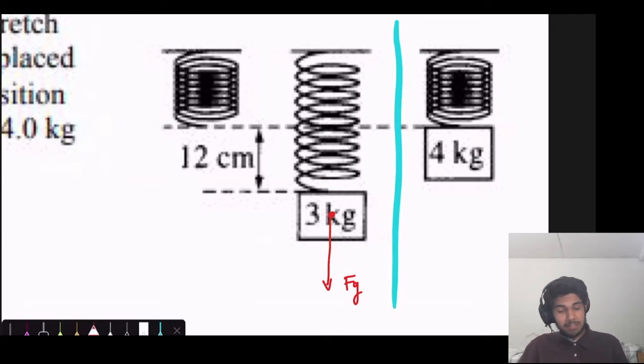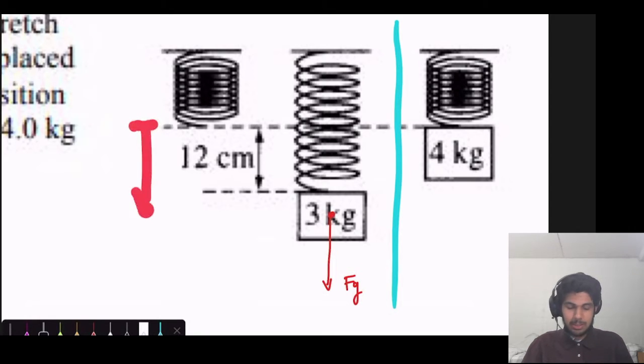But now we have this spring, so there is an associated spring force, and we should remember that the spring force points in the opposite direction of the displacement. So we went from here downwards, that's the displacement, so the force should point upwards. And this makes sense, right?